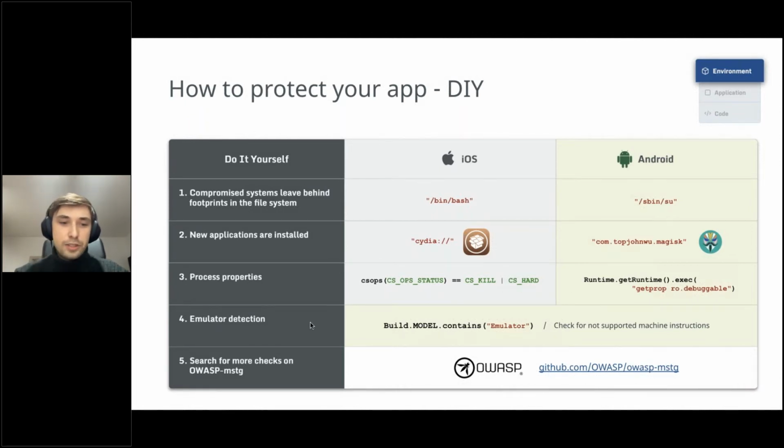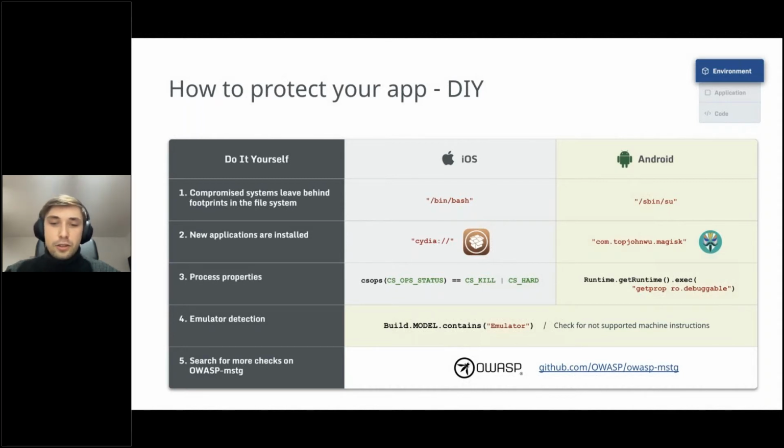Another way is to check for the emulator. On Android, you can just check the name of the device that you are currently running on with your app. And if that name contains the string emulator, it means that you're probably running on a simulator. If you want some more advanced protection, you can use the NDK on Android and use some rarely known instructions.